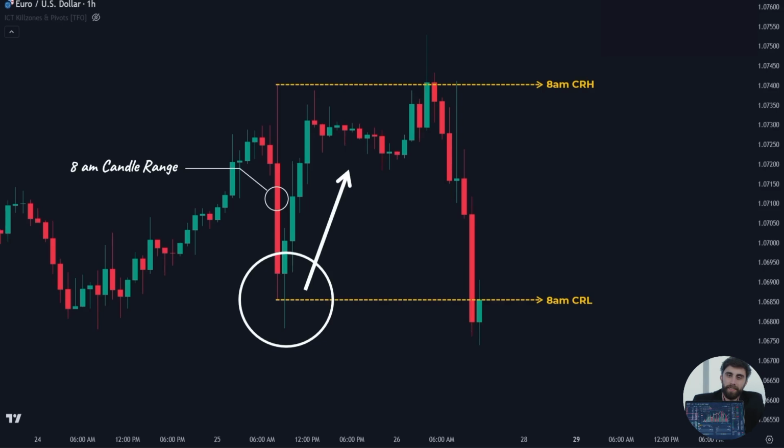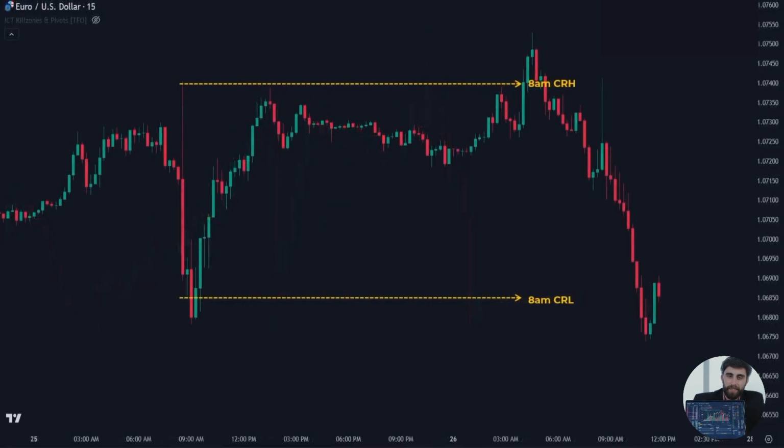Let's see, if we were behind the screen and monitoring the market, how could we enter the market with this CRT model? After identifying our range candle and drawing the high and the low of the range candle as the CRH and CRL, we need to zoom into the 15-minute time frame to gain a clearer view of price action, and also to monitor the candlestick better.